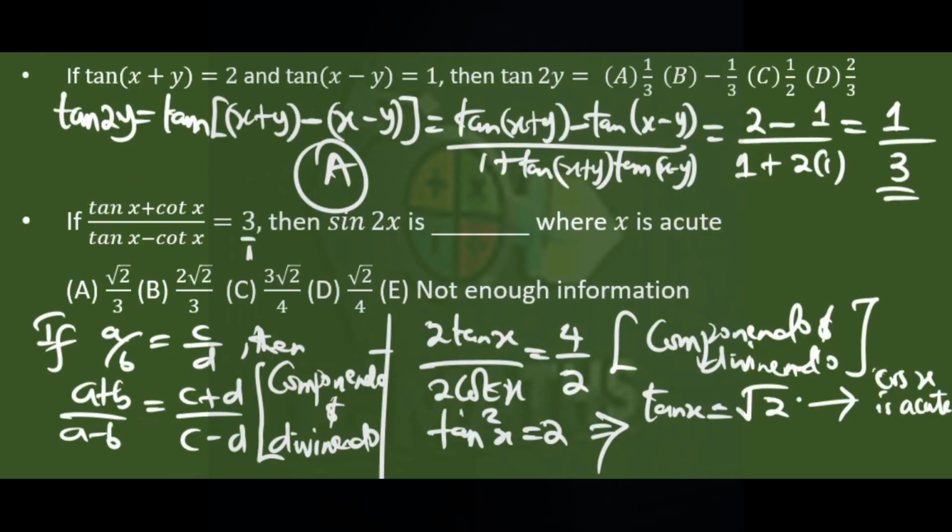So I have 2 times that, so I have 2 root 2 over root 3 times root 3, which is 3. So that's the answer. Let's check the options: 2 root 2 over 3. So it's option B. Very tricky question, nice questions.